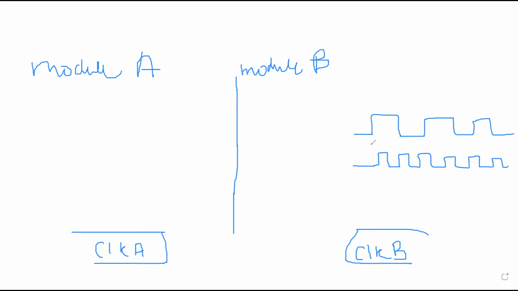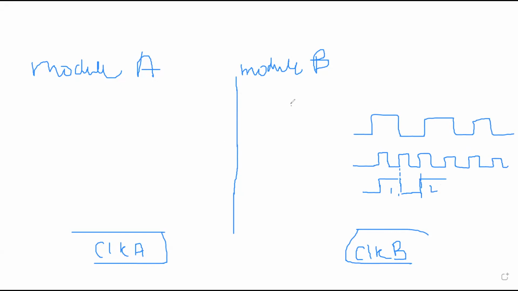And let's suppose I toggle something in clock B. Let's suppose a signal was 1, and then at this edge it became 0 and then it became 1. So we have two toggles over here.